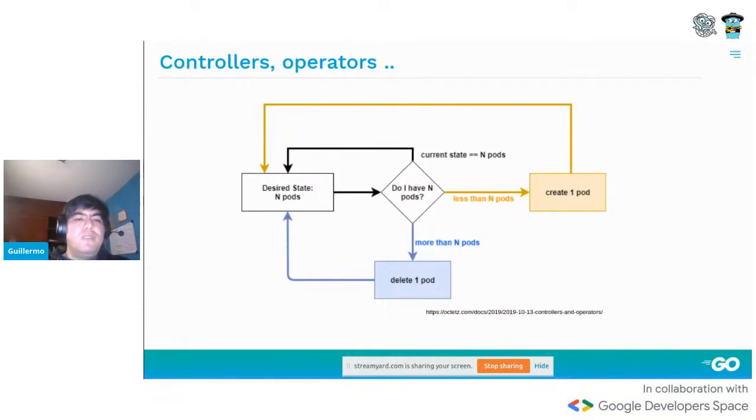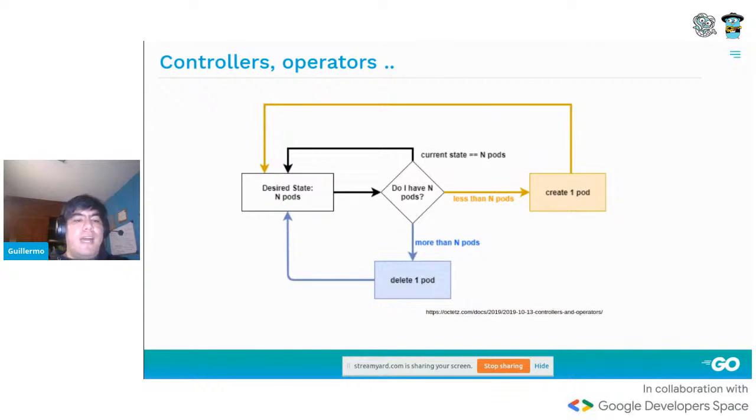That is how controllers work. What they try to do is get to the desired state and stay right there. For example, when we say that I just want to have 3 pods, the controller will look for that and keep trying to have that.